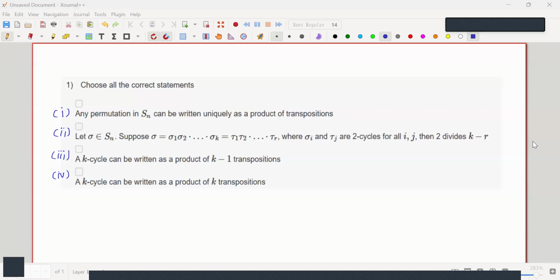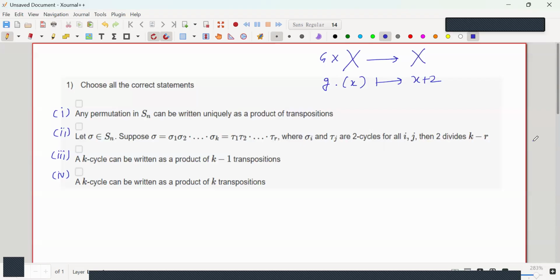This is just sending x to x plus 2, but here the underlying group is missing. To define an action, you should have a map from G cross X to X. Now here G is mapping everything to just x plus 2, so G is not playing any role.